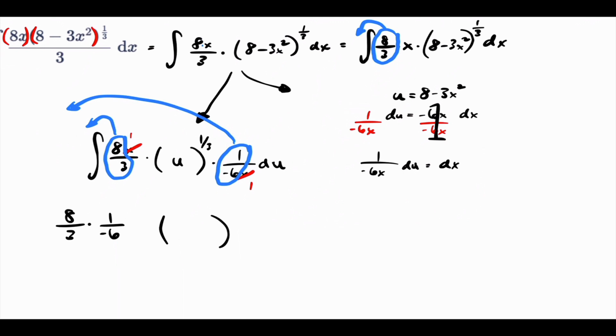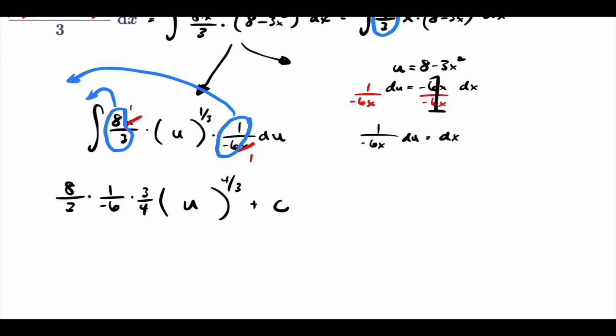Add a power, I get 4/3 plus c. Divide by 4/3, which is the same thing as multiplying by 3/4. So I'm going to multiply. Multiply fractions, you just multiply straight across.